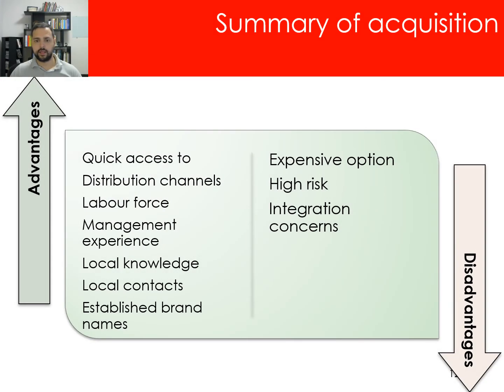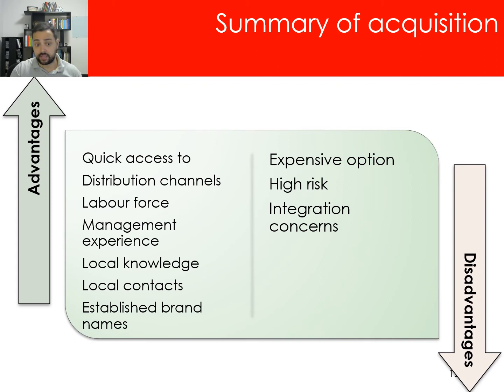So let's take a look at the advantages and disadvantages of using acquisition for establishing your subsidiary. First, the advantages. You have quick access to distribution channels, so you have direct access to the distributors, to the retailers.